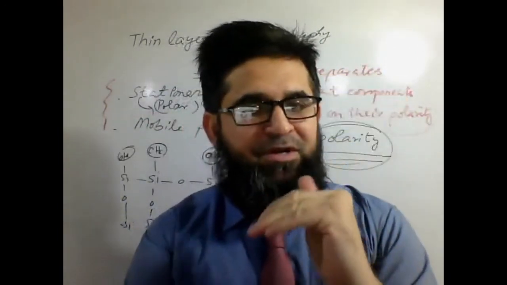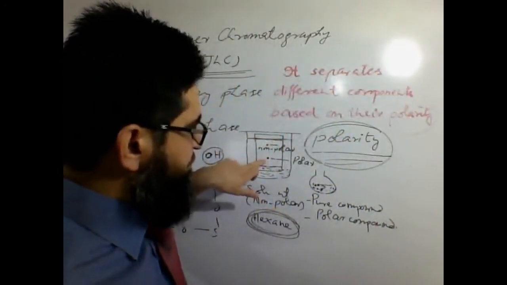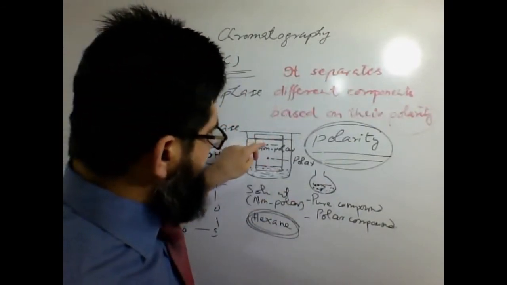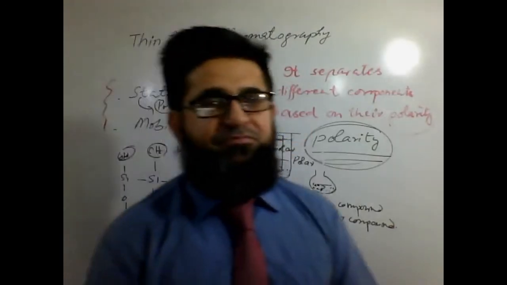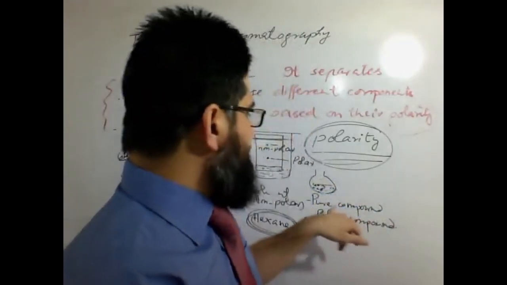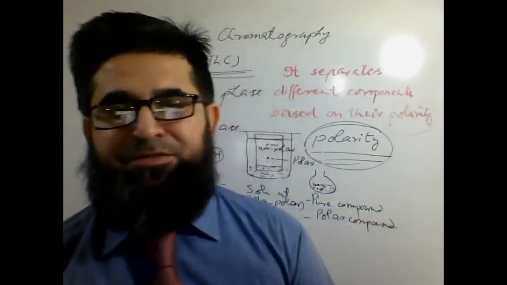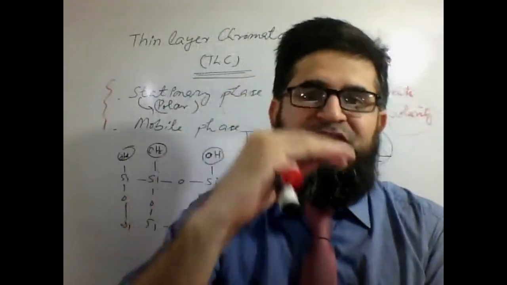If it's polar, the spot is closer to the base. If it's non-polar, the spot is a bit higher on the TLC. Secondly, it could tell us about the purity of the components, the purity of the reaction mixture, or of any newly purchased bottle.